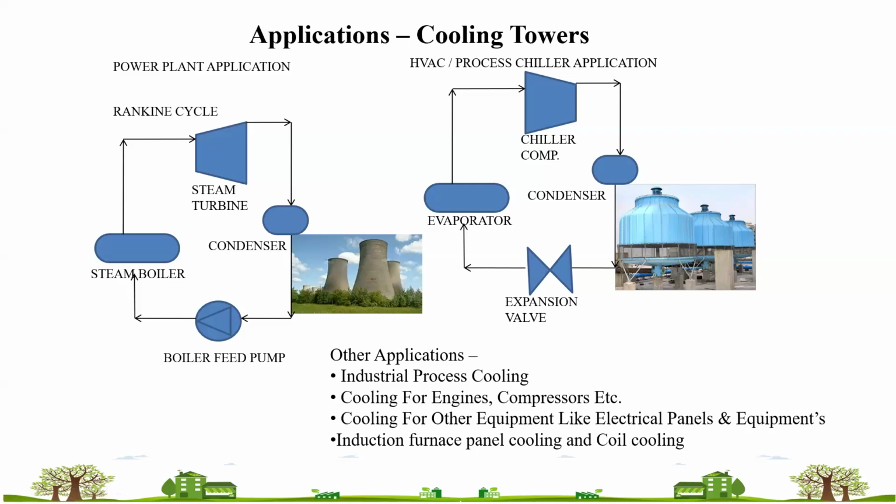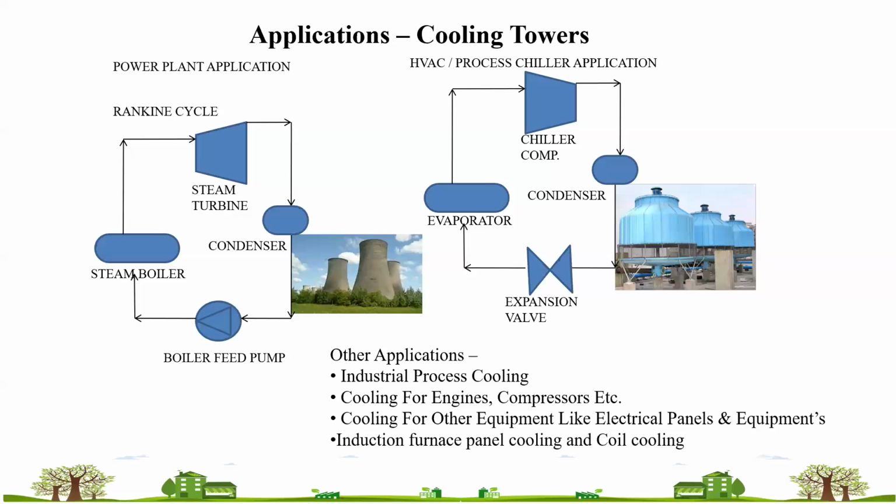In that condensing turbine, if your cooling water temperature is on the higher side, your turbine performance goes down, which means your output power generation in kilowatt hours goes down. That's how important the cooling tower is in a power plant.